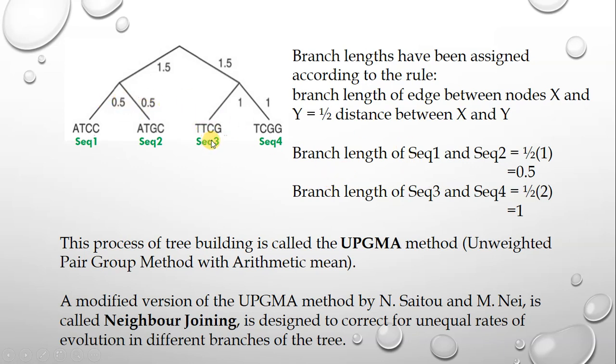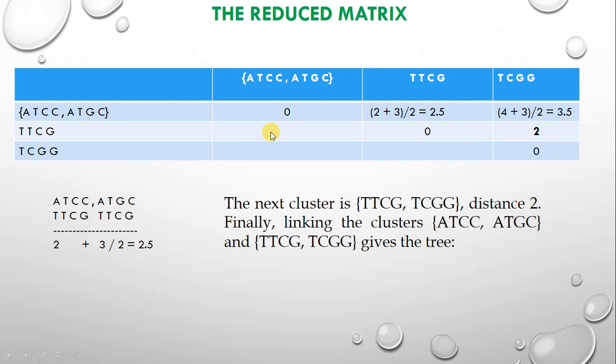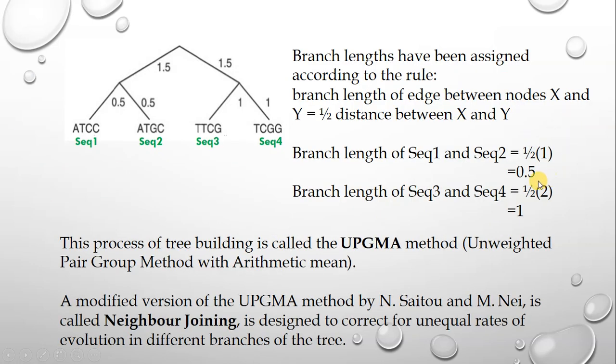Now sequence 3 and sequence 4, what was the distance? 2, divided by 2, it will be 1. Okay, now how does this distance come up, like 1.5 and 1.5? That is very simple.